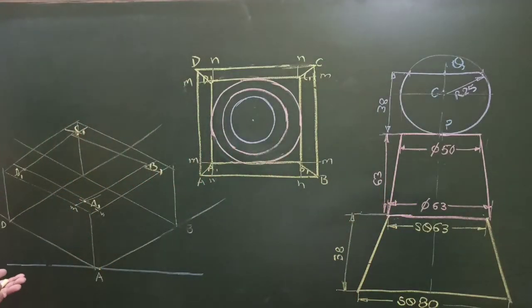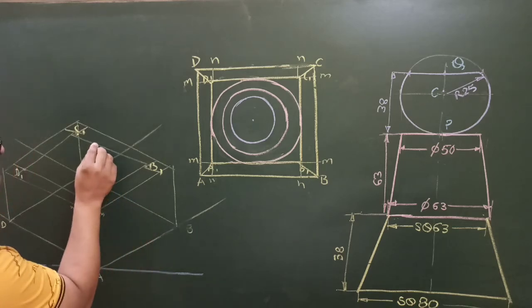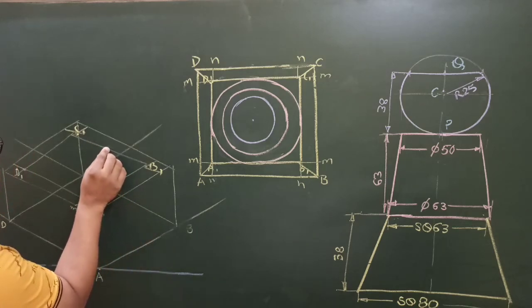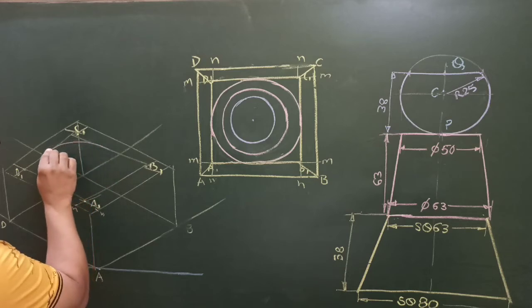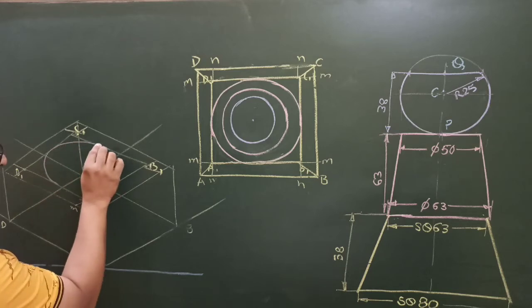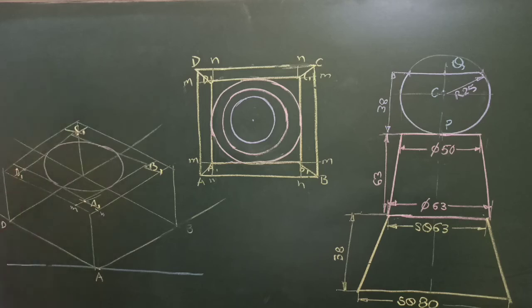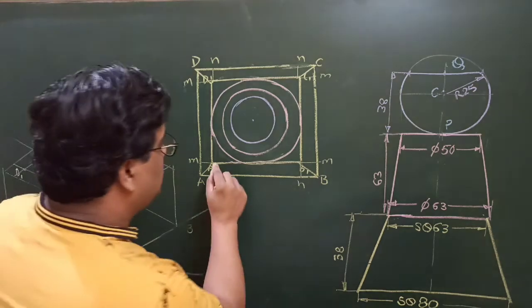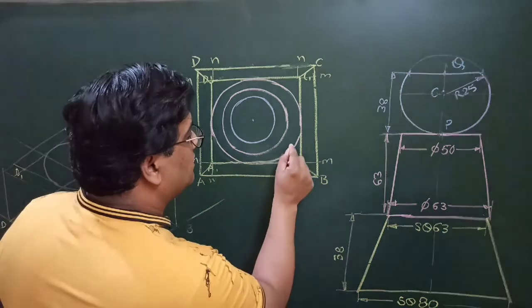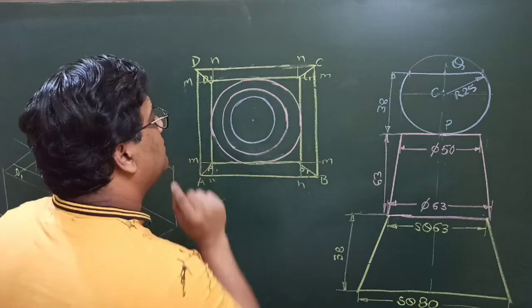So using the 4 centers method or method of points, you can draw an ellipse here. This pink color ellipse is representing this circle, the lower base of the conical part.